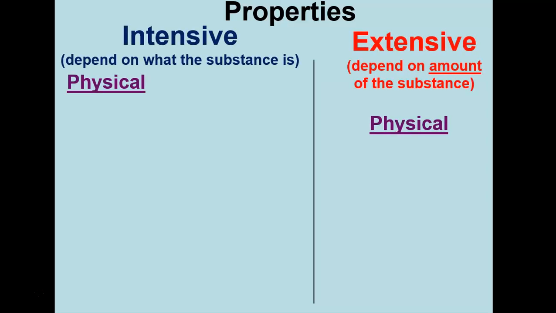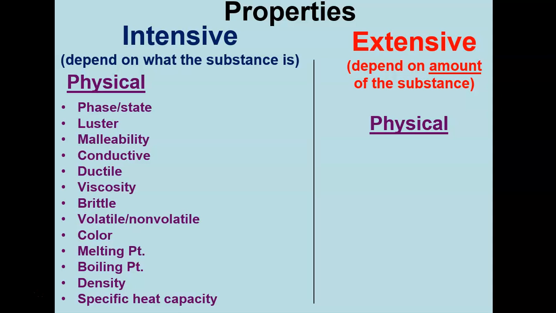Next, we are going to just focus on physical properties right now. And here are some physical properties. I'm going to go into detail on each one. If you draw this diagram here, you should probably leave some space at the end here, because if you don't know what the definition is, I'm going to give you the definition.